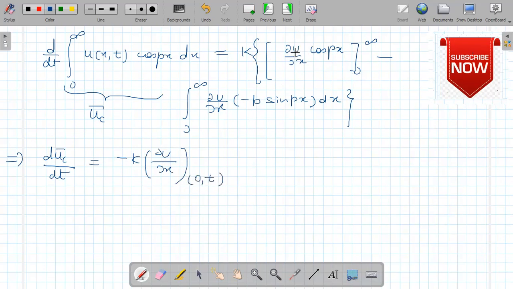Because u is a function of x comma t, so del u over del x is also a function of x comma t. So at the lower limit means the value of del u by del x at x equal to 0 comma t, plus, because of this negative sign and this negative sign we have a positive sign, k into p, this k will multiply with this expression also, and we have integration del u by del x into sine of px dx.